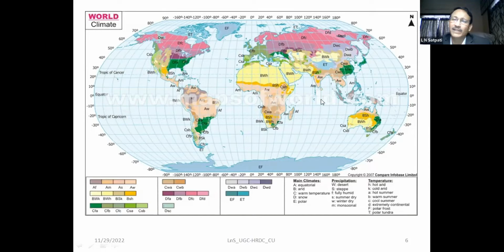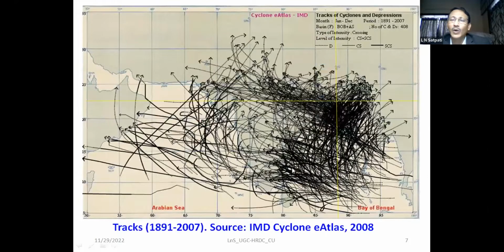But the point is that the cyclones are mostly in the pre-monsoon or the post-monsoon seasons. They are coming to this Sundarban region, either in the West Bengal part or in the East Bengal part, because much of the Sundarban is in between Bangladesh and West Bengal.